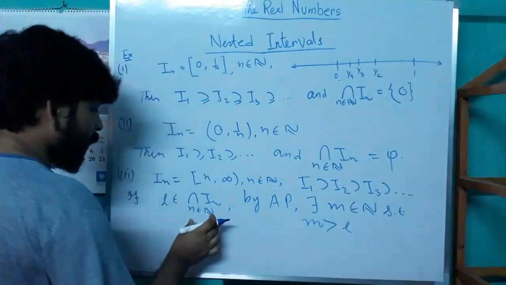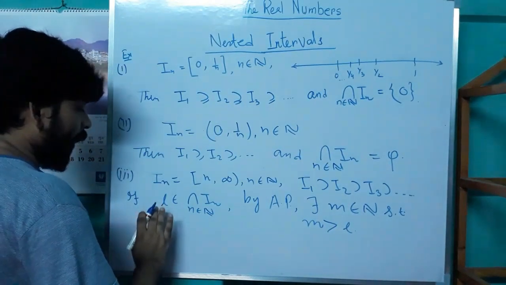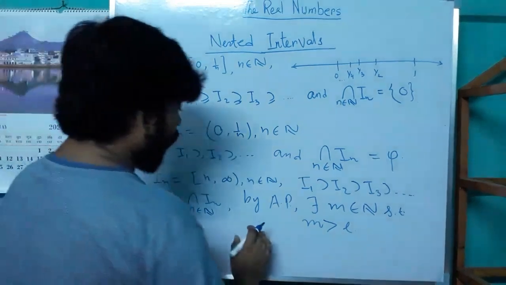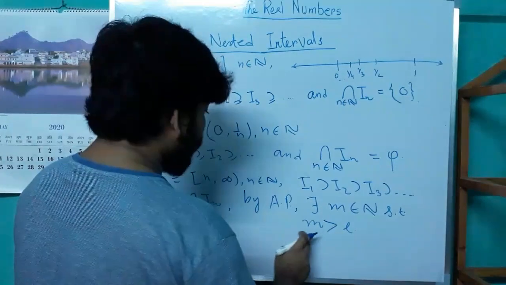So if this intersection contains at least one element L, then L is a real number, and obviously by the Archimedean property there is at least one natural number which is bigger than L.